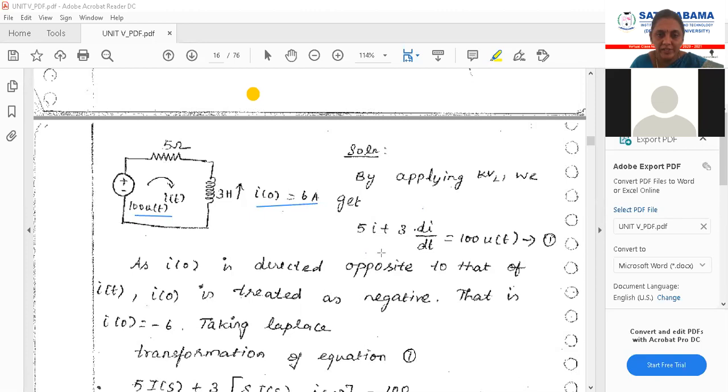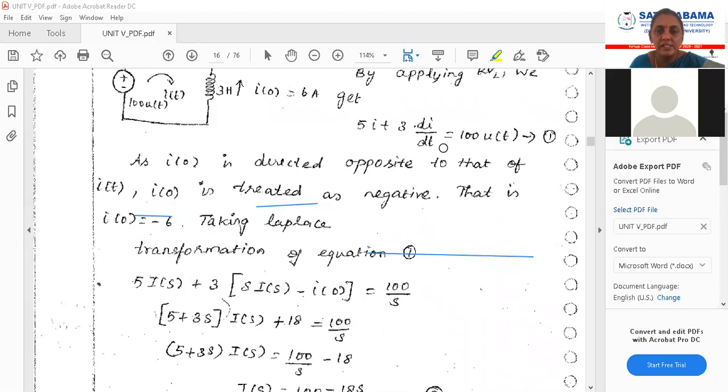So 5 into i plus 3 into di by dt, where di by dt is the rate of change of current through the inductor, is equal to 100 into u(t). Now what is 100 into u(t)? It is the voltage source here. So this is the circuit under consideration and you have written the KVL equation.